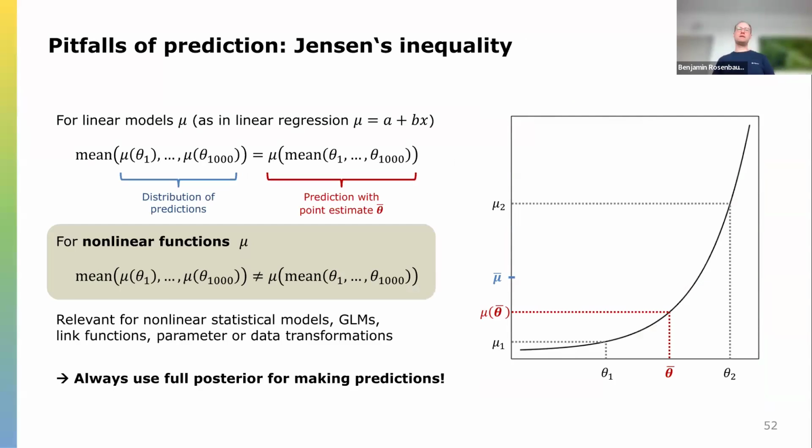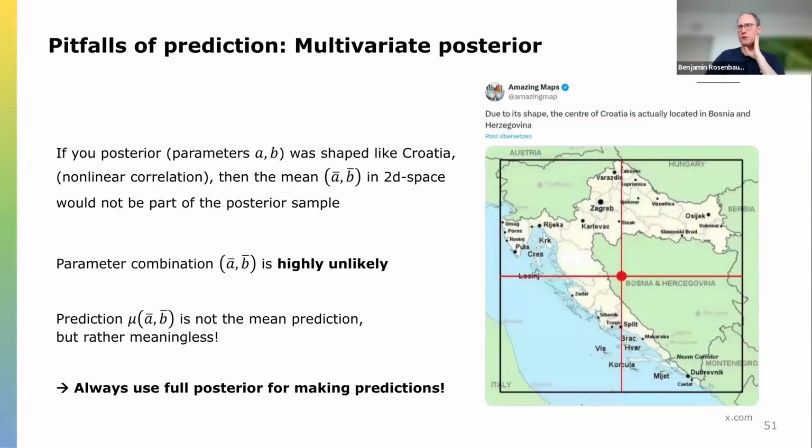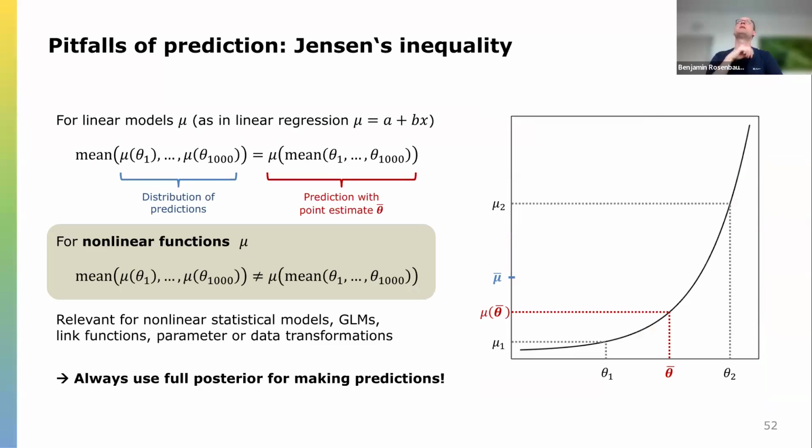Second, again connected with the mean parameter values, but for different reasons, and this is for nonlinear models. So if your posterior looks nice and you have a linear model, then the mean of all the predictions is the same as the prediction with the mean parameter value.